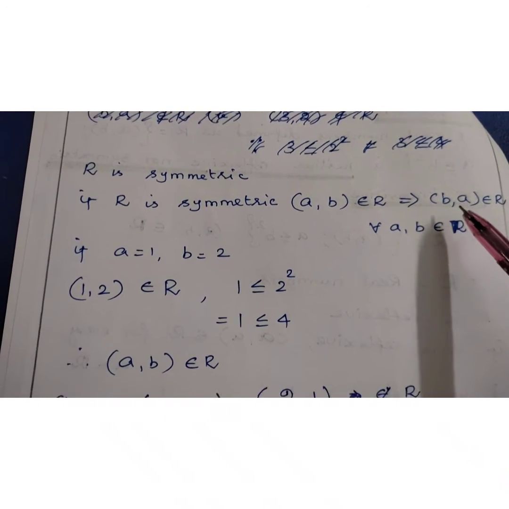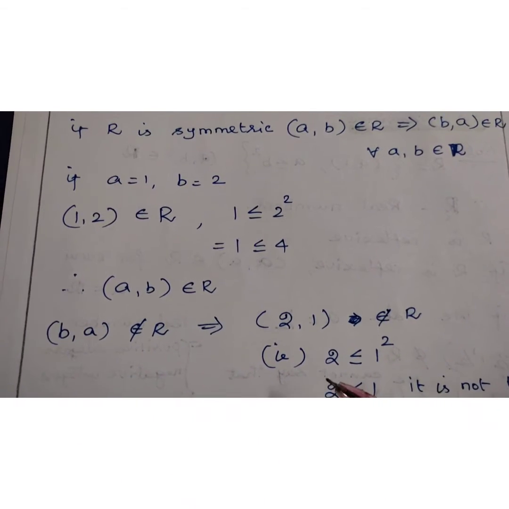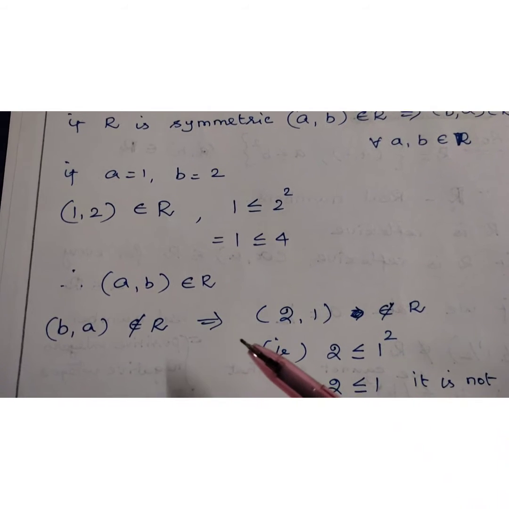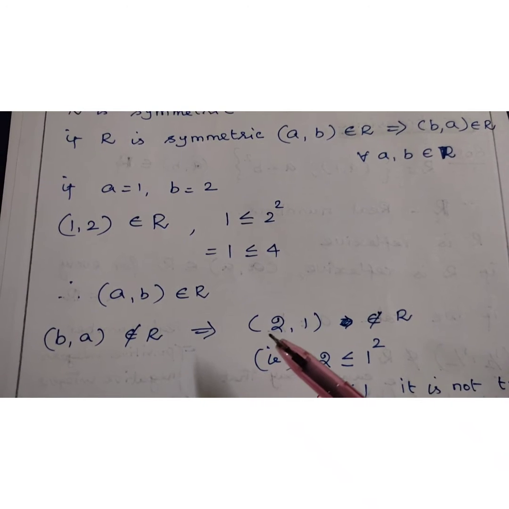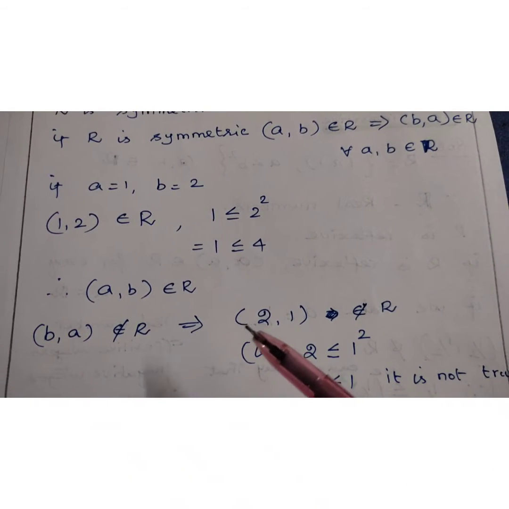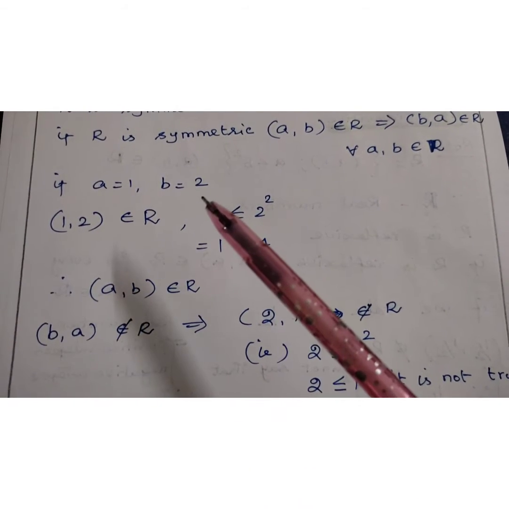R is not symmetric means (b, a) does not belong to R. We have to prove that condition. This condition is true here, because if we take one example, a equal to 1, b equal to 2.